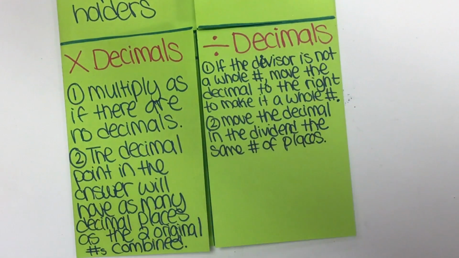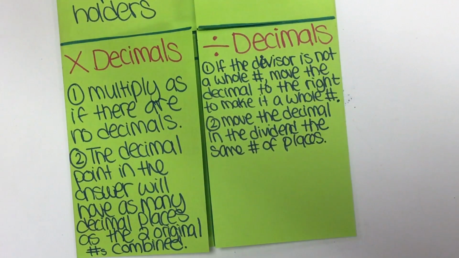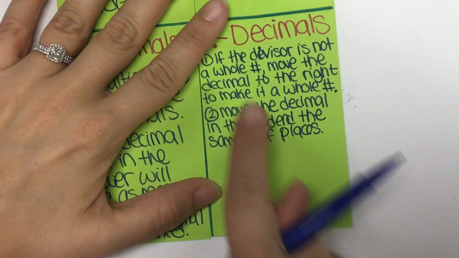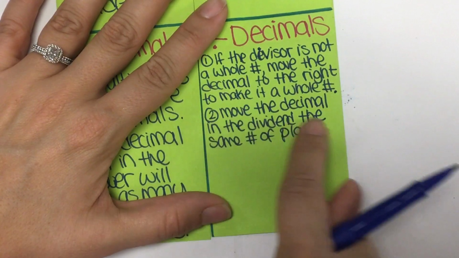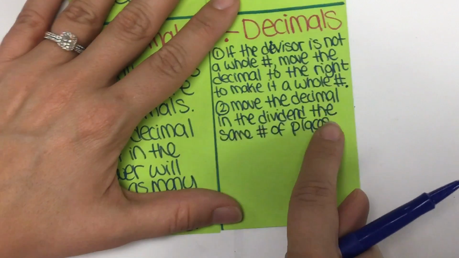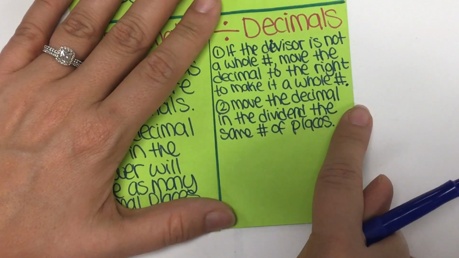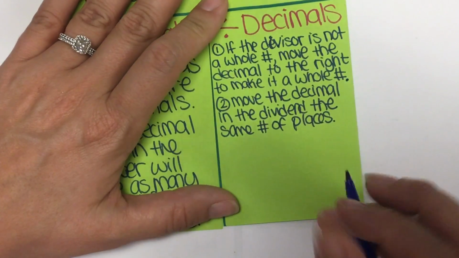That is when you have a decimal in the divisor. You cannot have a decimal in the divisor. We have to make that a whole number. Whatever you do to the divisor, you must do to the dividend. Exactly the same thing. You don't make the dividend a whole number if that's not what needs to happen. You just move it the exact same amount of times.